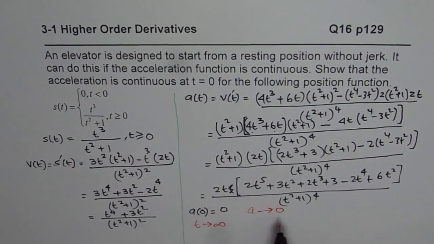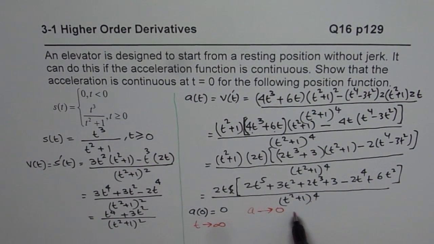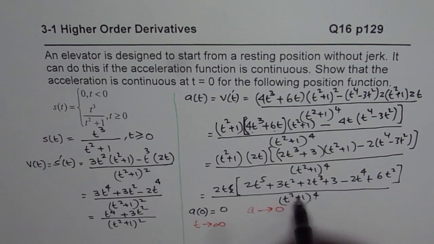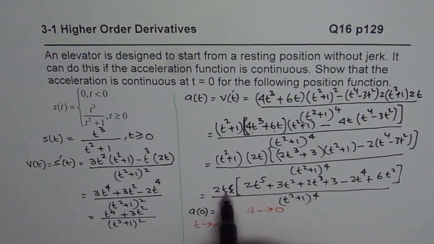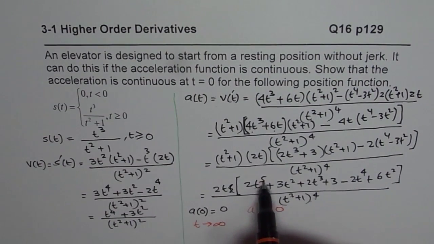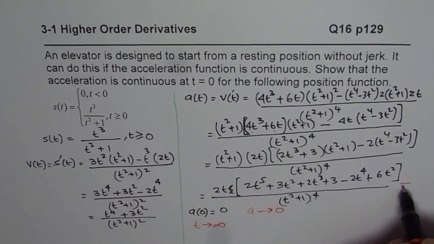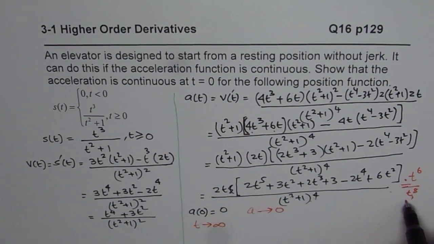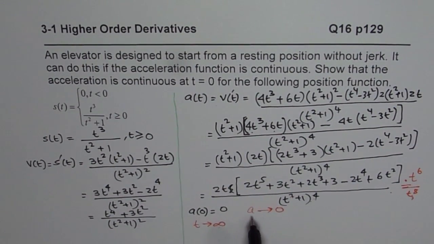The degree of the denominator is 4 times 2, which is 8. The degree of the numerator is t times t to the power of 5, which is 6. So it approaches approximately t to the power of 6 over t to the power of 8, which works like 1 over t squared. So as t approaches infinity, the acceleration approaches 0.